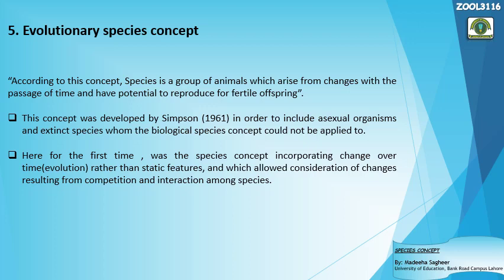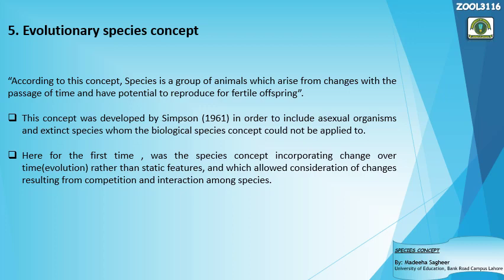This is the first time that Simpson in 1961 proposed a concept that incorporates the element of evolution rather than static features, and which allowed consideration of changes resulting from competition and interaction among species. You know that those changes have occurred because of the environment, because of the selection pressure, because of the interaction between different species.